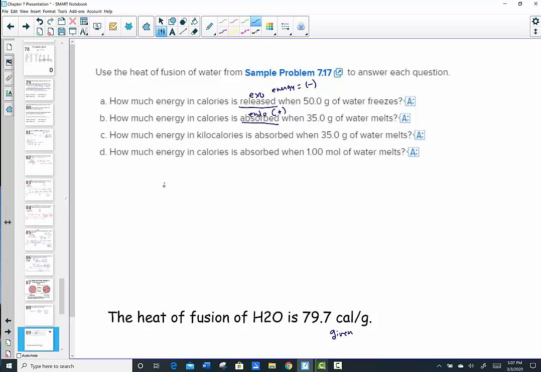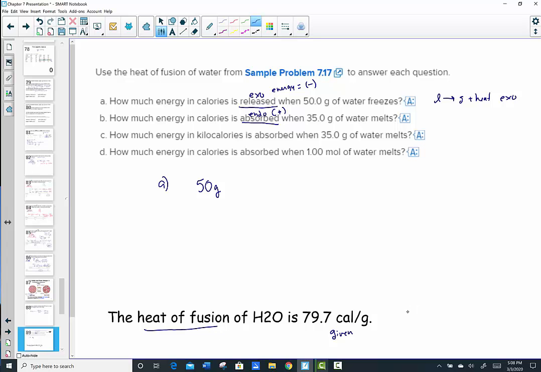Let me model letter A. It takes 50 grams of water, and we're going to freeze it. So our phase changes from liquid to solid. And in doing so, we said it releases heat, that it's an exothermic process. So the heat of fusion, remember, is defined as how much energy it takes to melt. But here, this is the opposite problem. We're freezing.